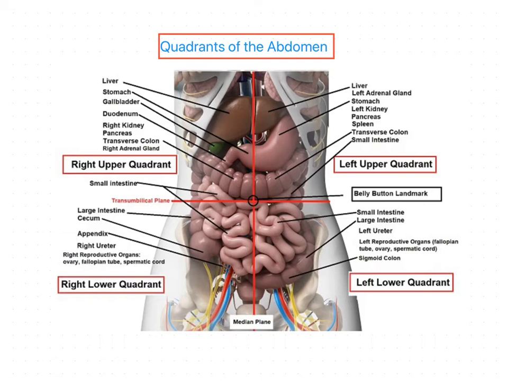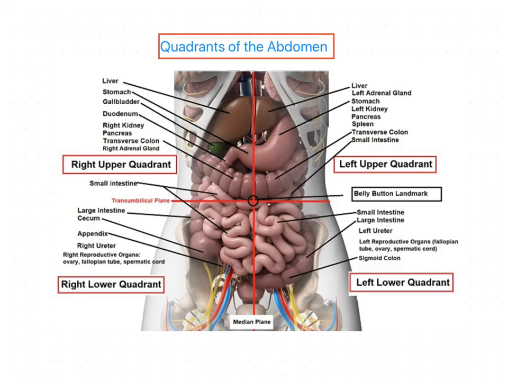One passes through the umbilicus along the median plane, that is the vertical plane, and another imaginary line is drawn transversely at the level of the umbilicus, that is called the trans-umbilical plane, which divides the abdomen into 4 quadrants.